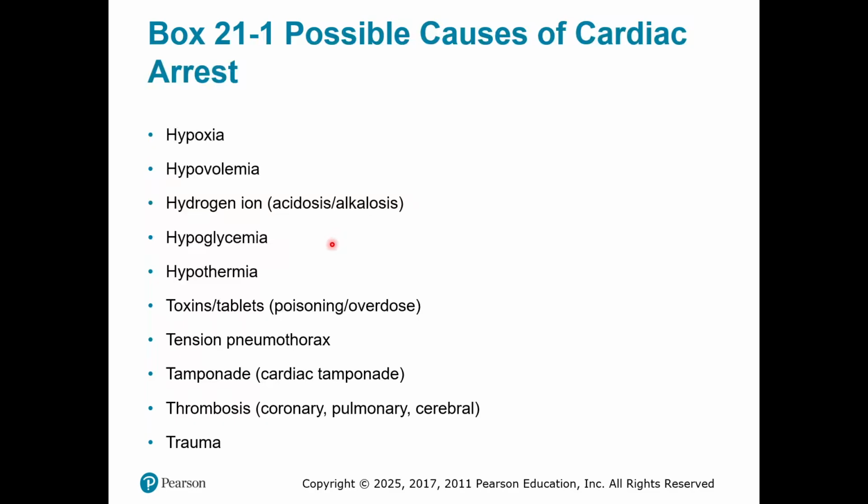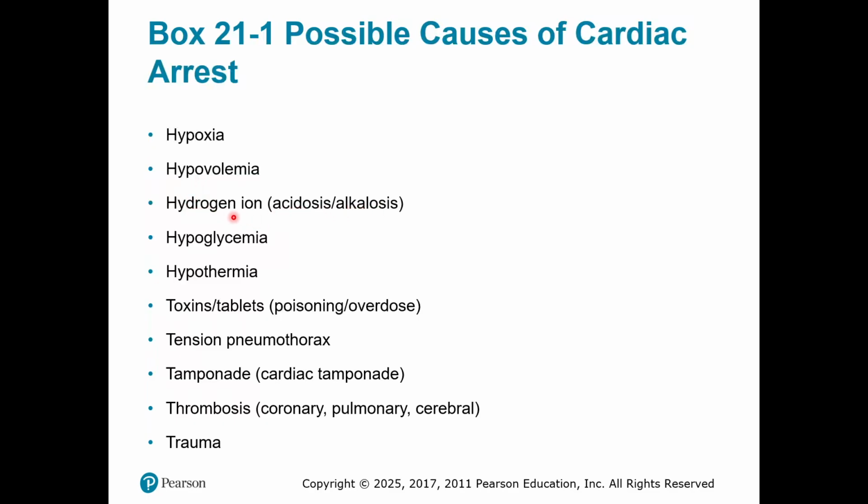Some of these we can work to help, like hypoxia. We can ventilate the patient. Hypovolemia, right? Well, we can't replace red blood cells, but we can replace volume. So let's start a fluid bolus on these patients, right?